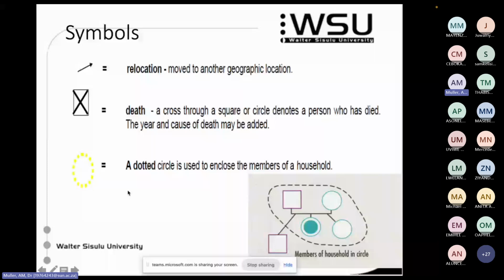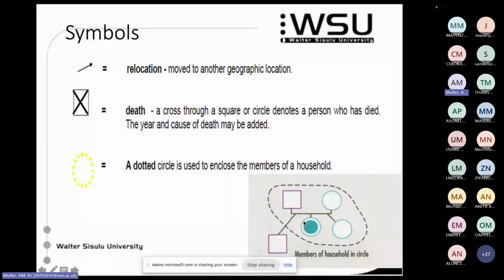On the left here is a man, the purple box, and his wife is that green circle. And you can see this block here, like a U shape. That shows that they are married and they've got 3 children. The oldest one is a boy, so that's a square. The second one is a girl.